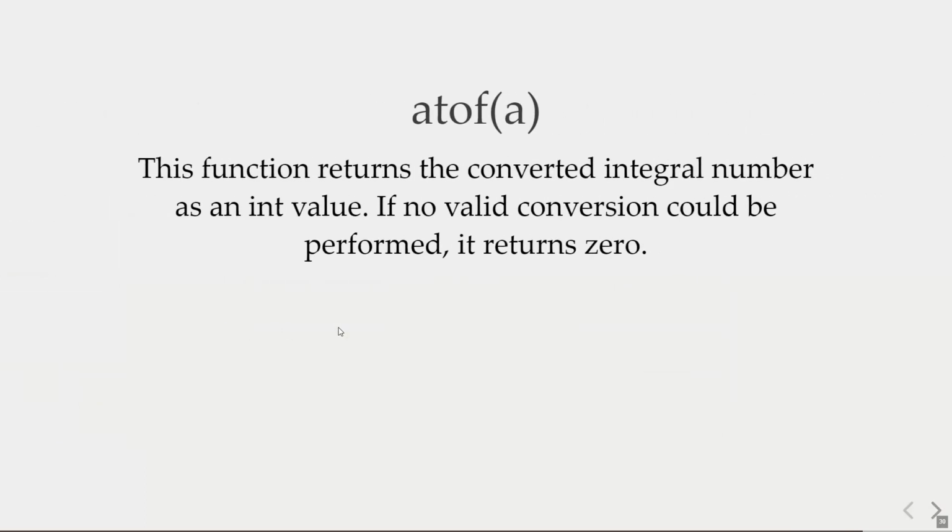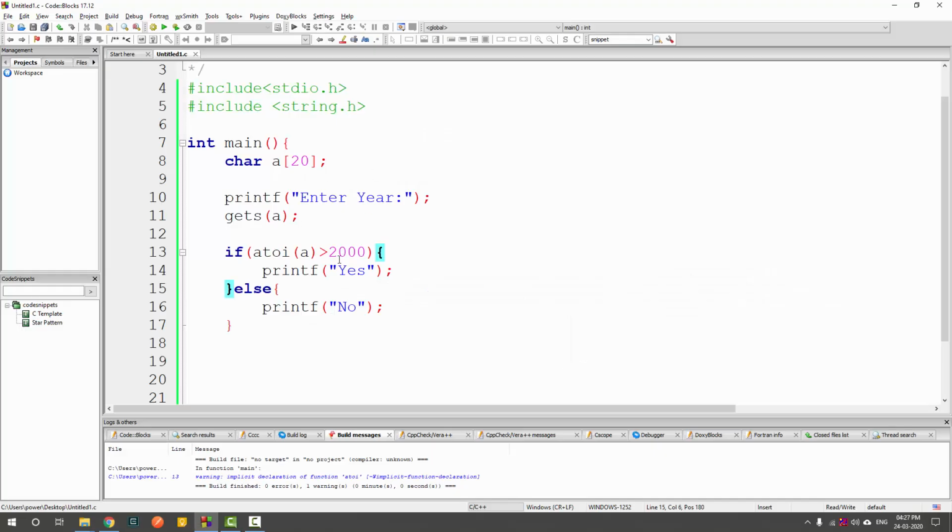Let's look at the last function, atof. Now you must have already guessed what this does. atof is nothing but your string to floating value. It is basically the same thing, but it can convert whatever is entered by the user in string format to a floating decimal point number.